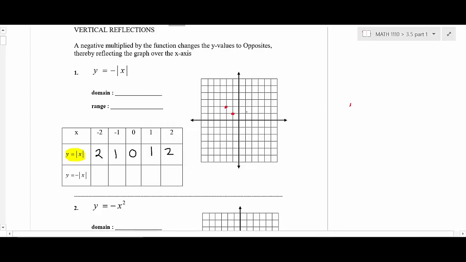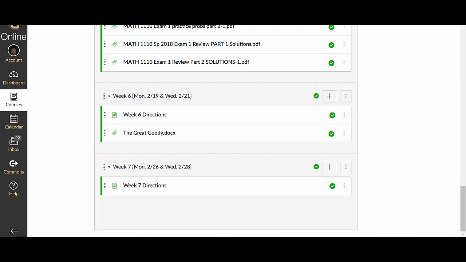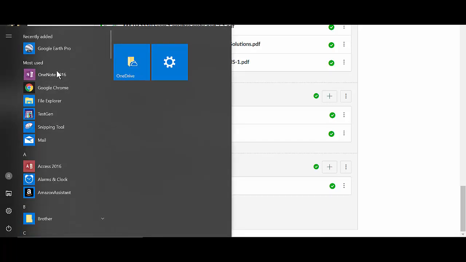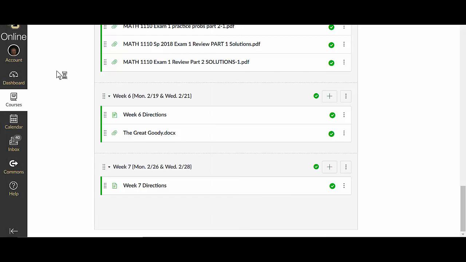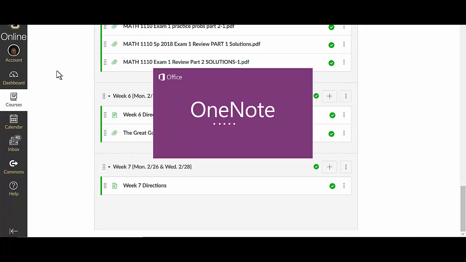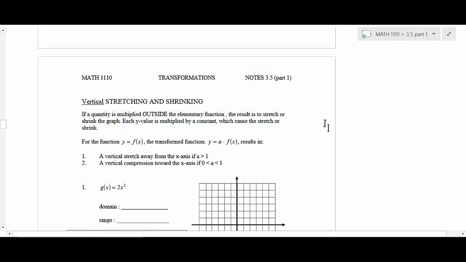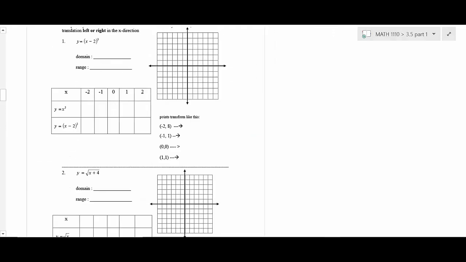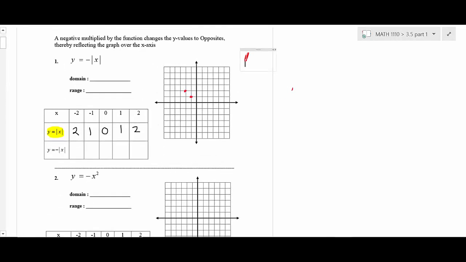Let me close this OneNote because something's messing up here. Okay, let me see if everything will work now.